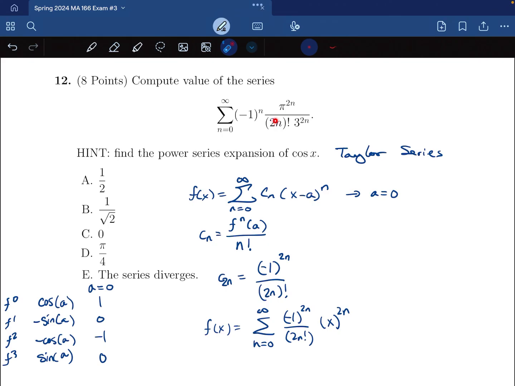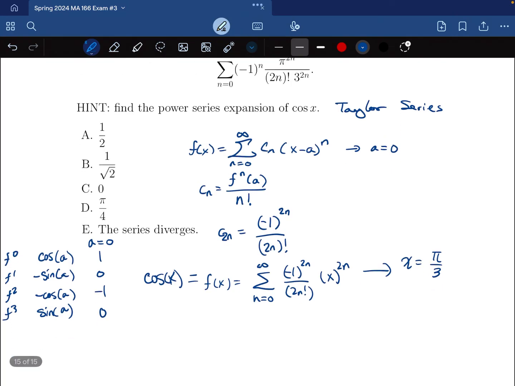So this means that x is equal to pi over 3. In order to compute the value of this series, I can plug pi over 3 back into our f of x. And remember, f of x is equal to cosine x, because that's what we've been finding the power series expansion of this whole time.